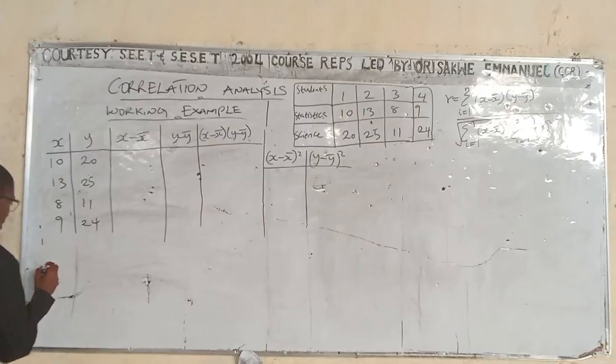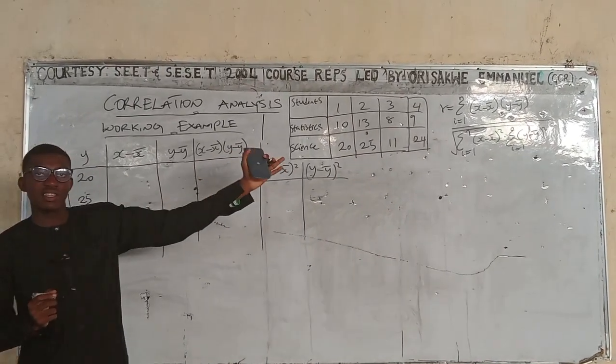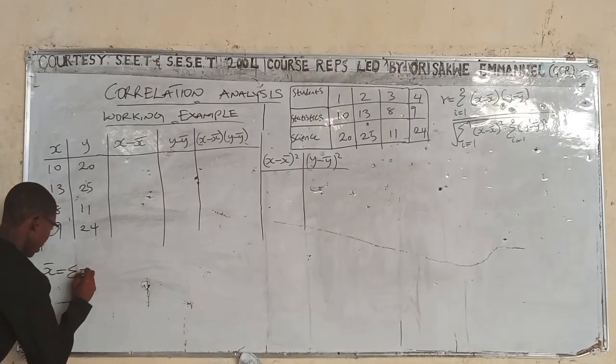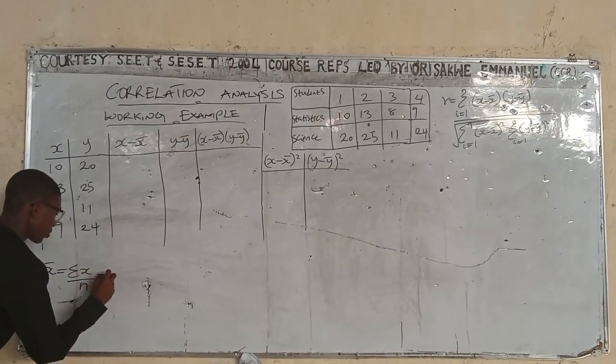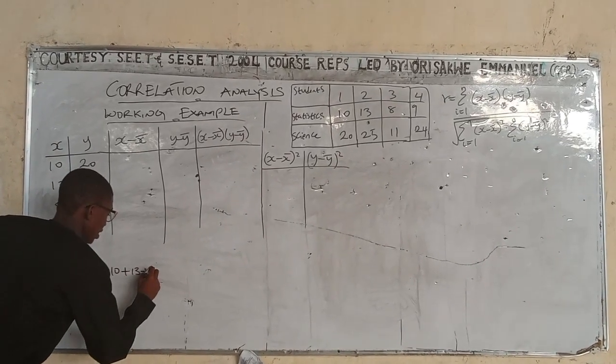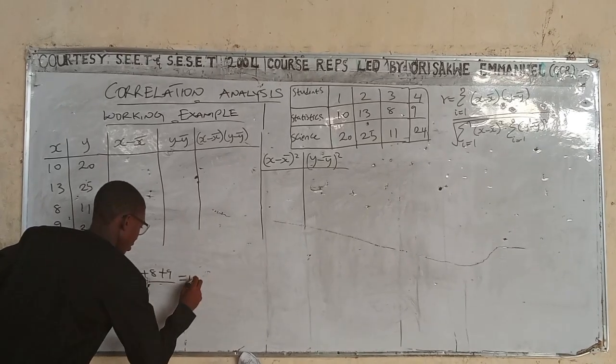So to get our x bar is summation of your x, which is summation of your data all over the number of data. So summation of x all over n, which is equals to 10 plus 13 plus 8 plus 9 all over 4, which is equals to 10.